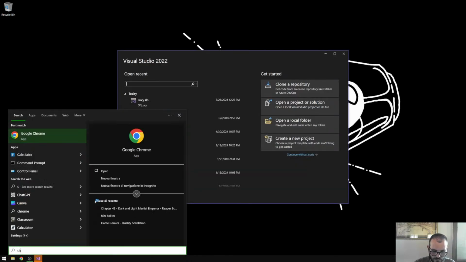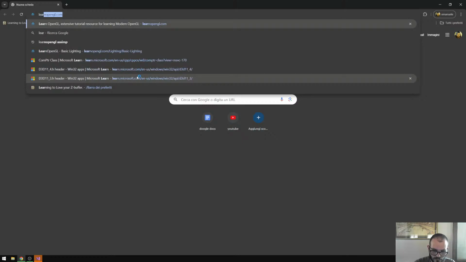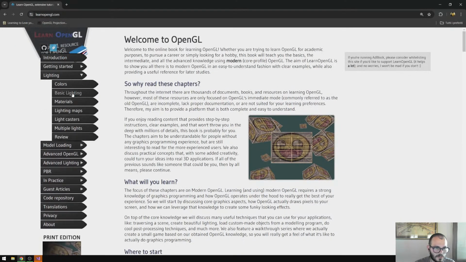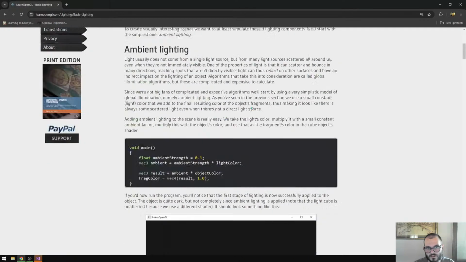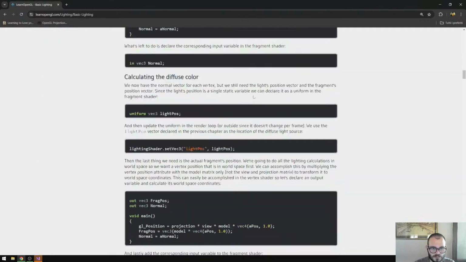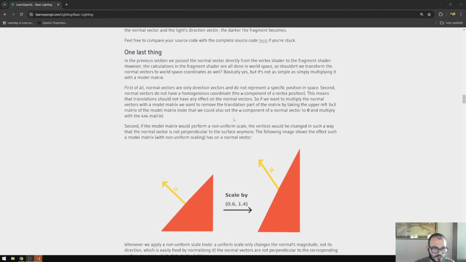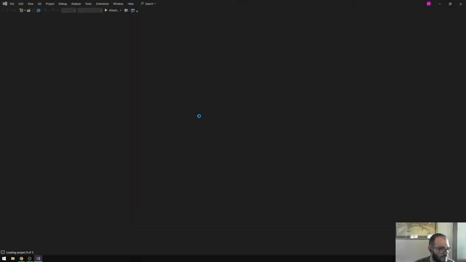Now, I wanted to finish the lighting thingy with the diffuse lighting, like today.